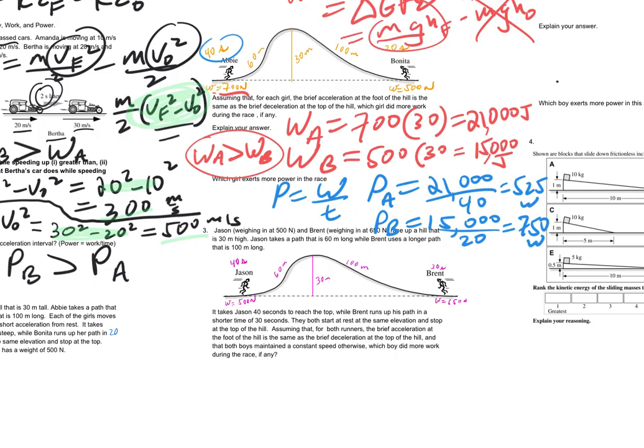So you can see that Abby is doing more work than Bonita, but she does it in a longer time. It works out that her power is 525 watts, which is less than the 750 watts that Bonita did. So the power of Bonita is greater than the power of Abby, even though Abby did more work.